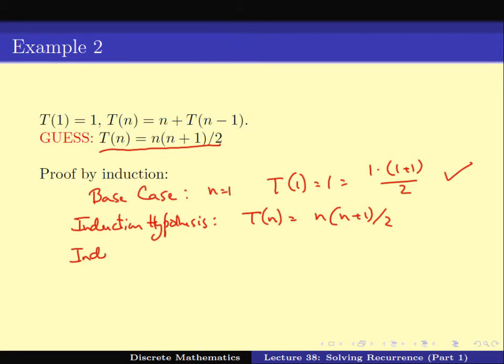Now in the inductive step, we have to prove that t of n plus 1 equals n plus 1 into n plus 2 by 2. Now how do we prove it?